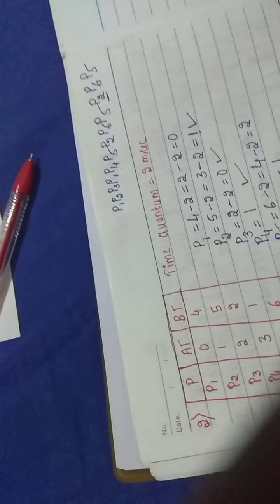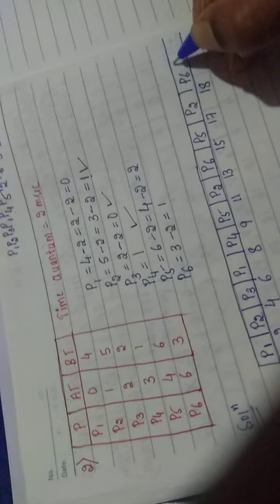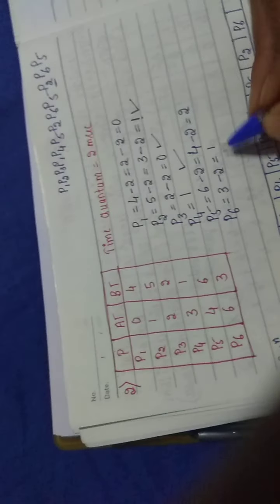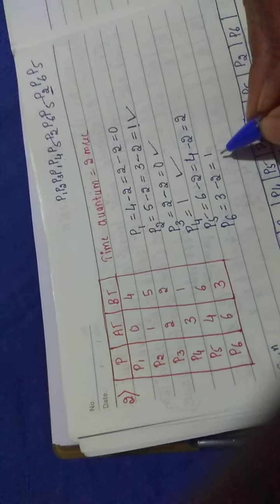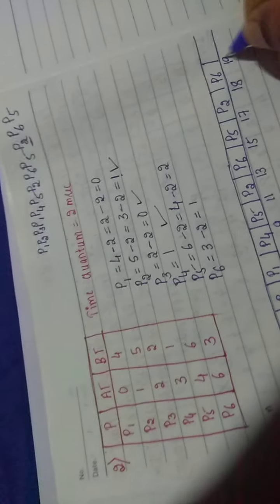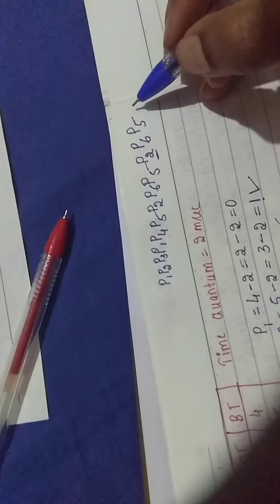Okay. So now the next process in the queue is P6. P6 is having only 1 millisecond. So it doesn't require another chance. So 18 plus 1 is 19. He completed. I'm not going to add him after P5. Okay. He also completed.